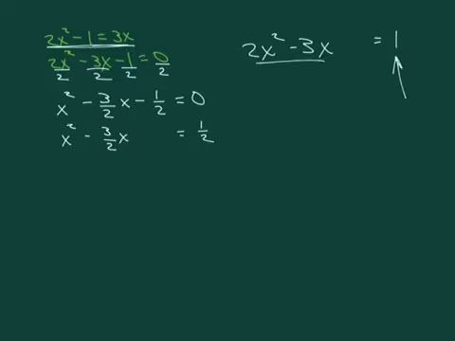So the terms of variables are on one side, and they're in descending order, 2 and then 1 on the exponent. Divide by the coefficient if necessary. Divide each term by that coefficient, and take half of the coefficient of the first degree term. This is a first degree term because the exponent is a 1 here. Take half of that and square it, and add that here and add that over here, and then continue on.